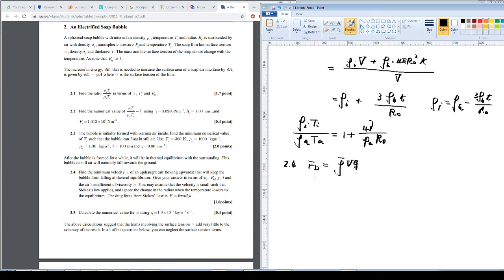That must be the solution. The drag force is 4 pi eta r naught u. The average density we already found to be rho A, times 4 over 3 pi r naught cubed g. Okay, so it's relatively trivial.